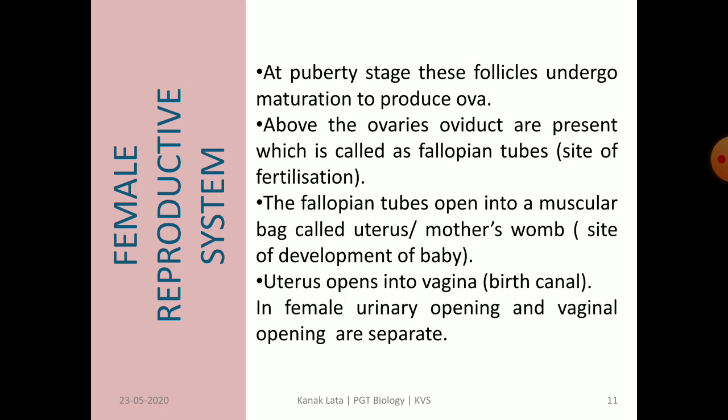In the wall of uterus, the fertilized egg after several divisions gets attached. Uterus opens into vagina. This is called the birth canal. In case of female, unlike male, urinary opening and vaginal opening are different. Through the vaginal opening, childbirth takes place.